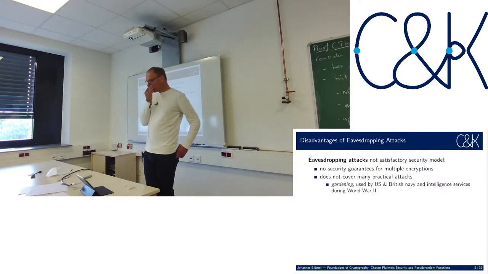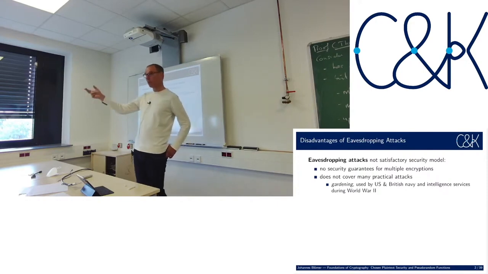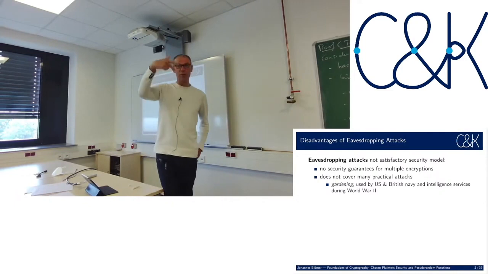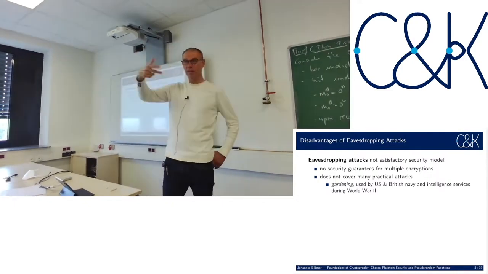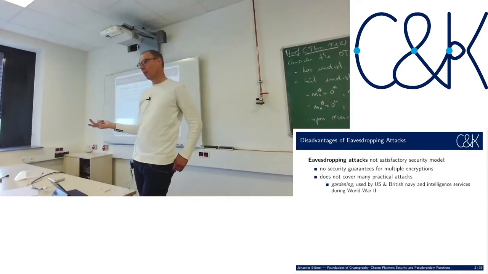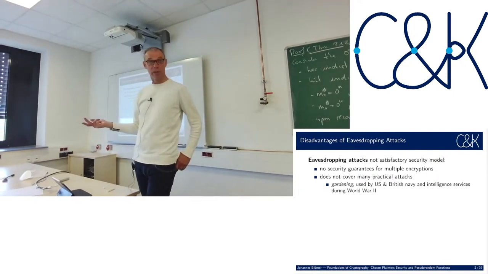Okay? And we want to model them in such a way that it applies to all kinds of attacks of this type. So do it not application dependent, because then you would say, look, if you use my encryption scheme in that way, please add that modification to the encryption scheme. Otherwise, in your application, it's no longer secure. That will not work because people will not do that.